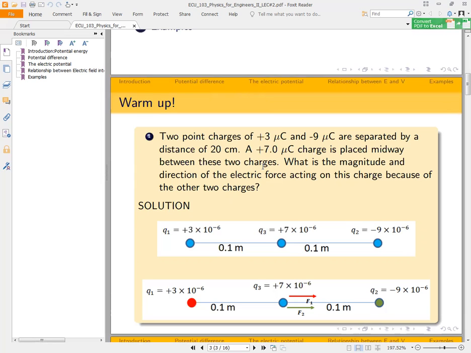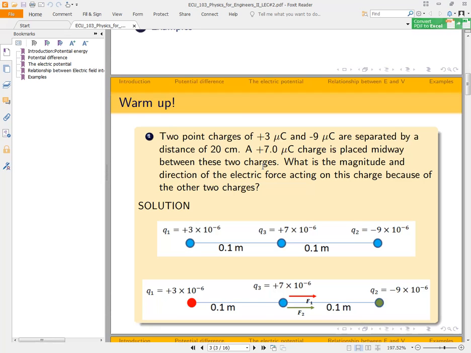Does the force increase or decrease, depending on whether the distance is made bigger or smaller? So the first bit of this lecture is just an introduction, which I'm calling a warm-up.